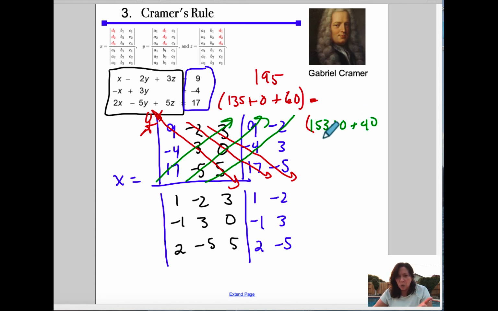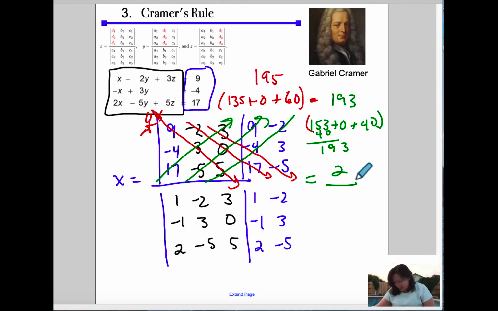So we've got 153 plus 40, which is 193. Okay, and then 195 minus 193 is 2. And that's positive. Yep, so 2 over some other value.